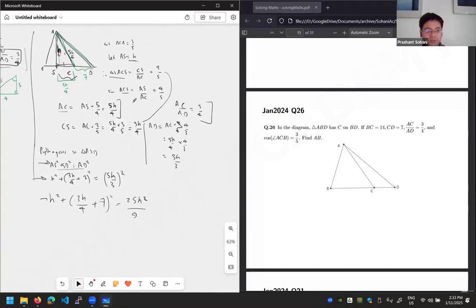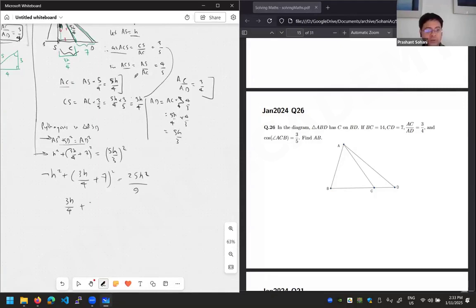So this is 16h square by 9. Both LHS and RHS are perfect squares, so I can just take the square root directly. I'll get 3h by 4.